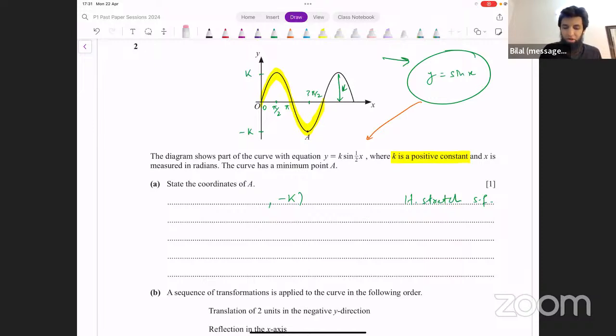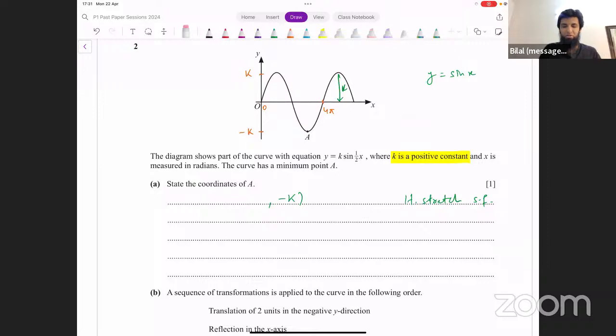So this transformed graph is going to complete one full cycle only once you have 4 pi here on the horizontal axis. So this point would have to be 4 pi in this transformed function. All right.